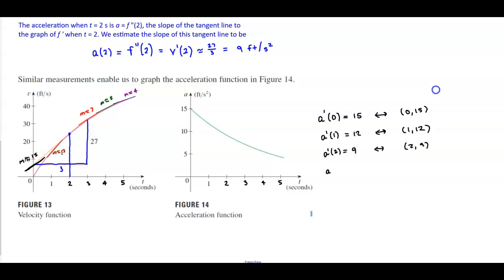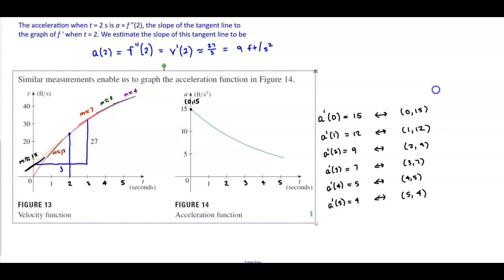And then at 3 on the velocity graph, the slope was approximately 7. And then at 4, we saw that the approximate slope on the velocity is about 5. Now again, these are approximations. And then here at 5, the slope on the velocity is approximately 4. So that is 5 and then 4. So if we look at our graph here on the acceleration, we have 0 and then 15.